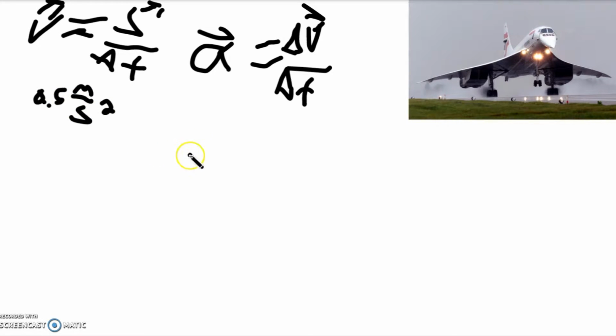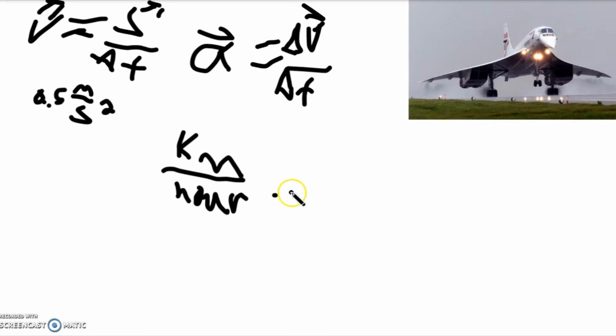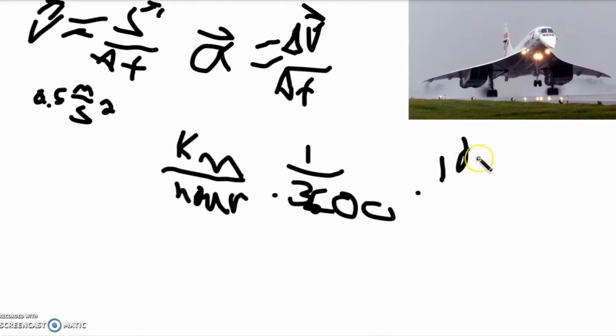If we want to convert to meters per second, we take the kilometers an hour over an hour, times 1 hour equals 3,600 seconds, because we want the hours to cancel out. Times again, 1,000 meters equals 1 kilometer, because we want the kilometers to cancel out.